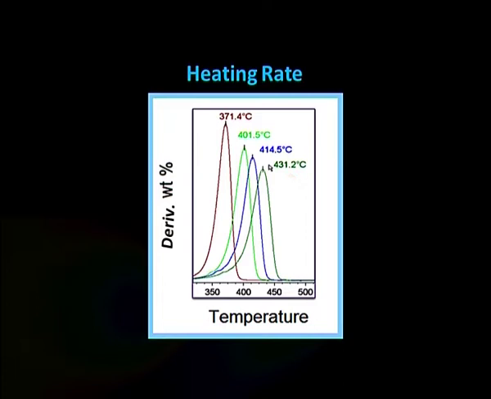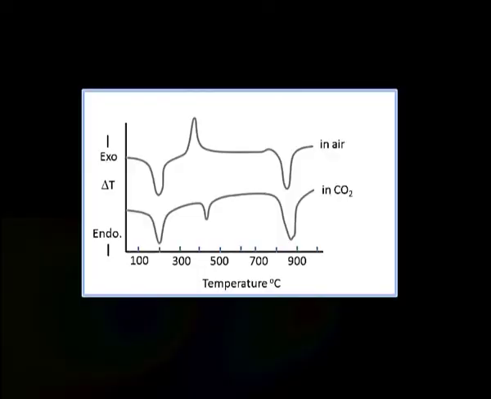Here the first one is at a heating rate of about 1 degree per minute, whereas the second, third and fourth are at 5, 10 and 20 degrees Celsius per minute, and you can see that the temperature which we are observing is also dependent on the heating rate. However, for getting good results, we should not use a very fast heating rate.